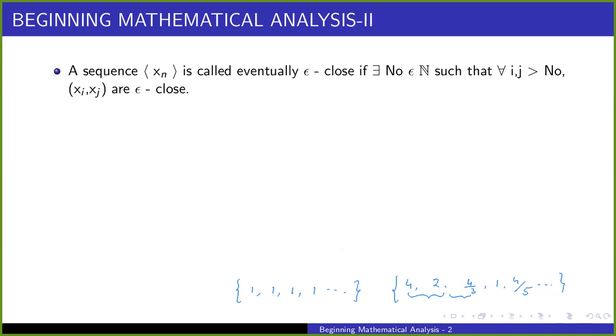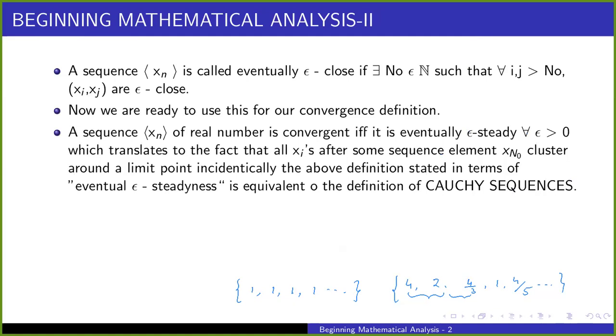So this will help us. A sequence xn of real numbers is convergent if and only if it is eventually epsilon steady for all epsilon greater than 0, which, as I said, translates to the fact that after some sequence element xn naught, all sequence elements cluster around a limit point.